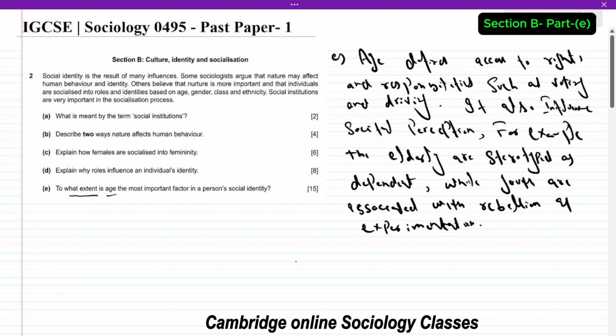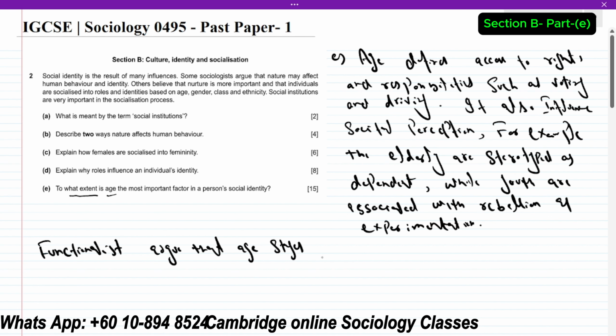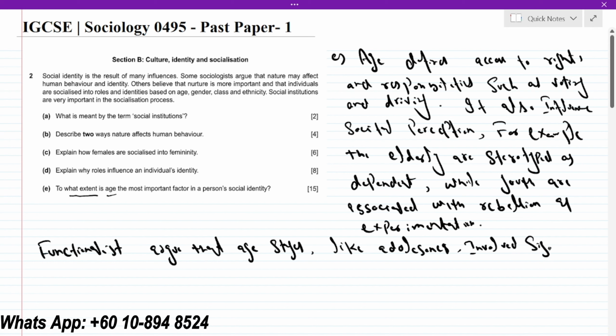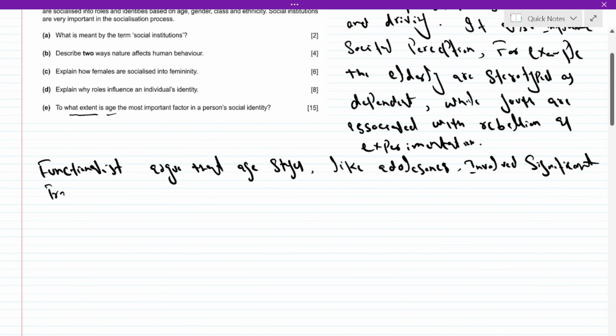One more argument that we can write is from the functionalist perspective. Functionalists argue that age stages like adolescence involve a significant transition, shaping identity.